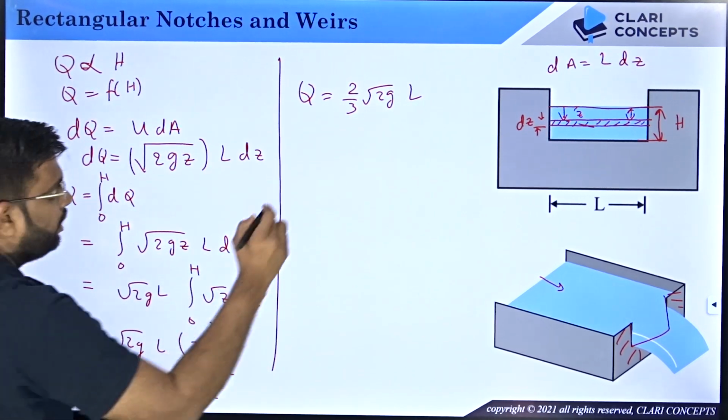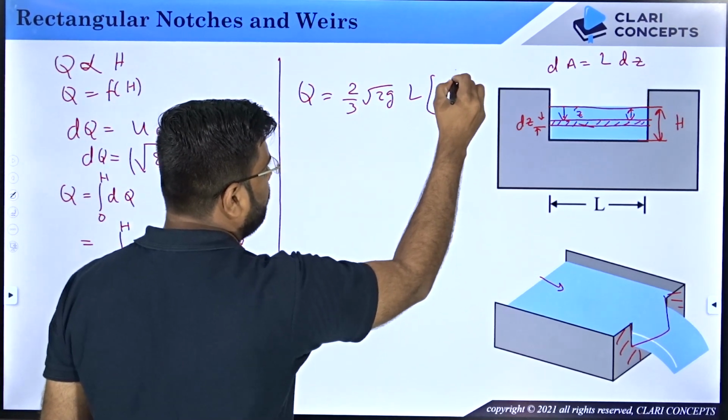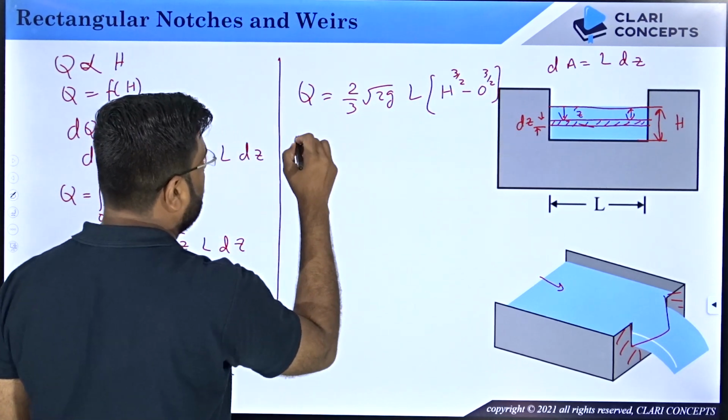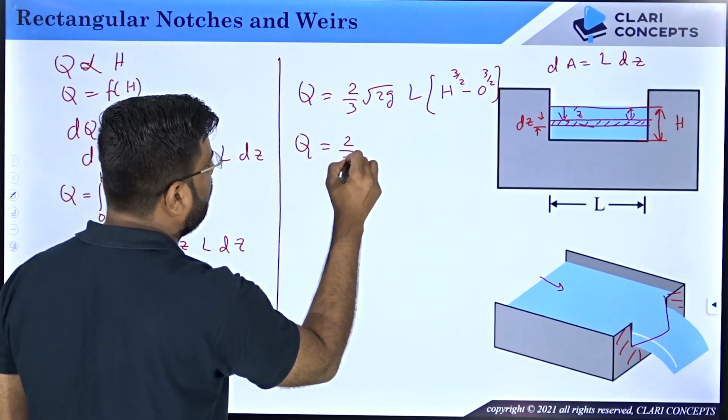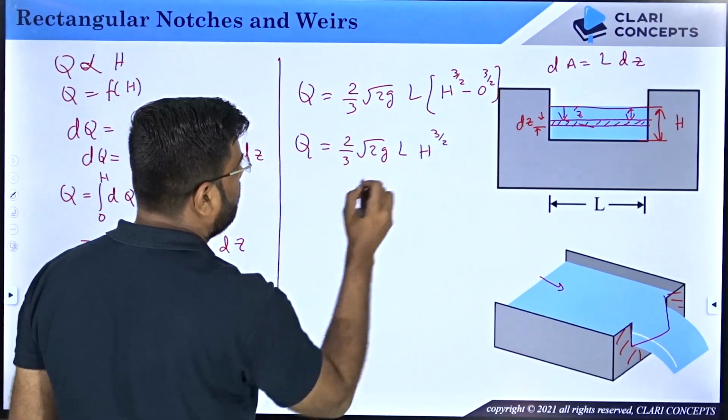Now for z, I will put the limits. The upper limit is h raised to 3 by 2, the lower limit is 0 raised to 3 by 2, and you will end up with the equation q equals 2 by 3 under root 2g L h raised to 3 by 2.